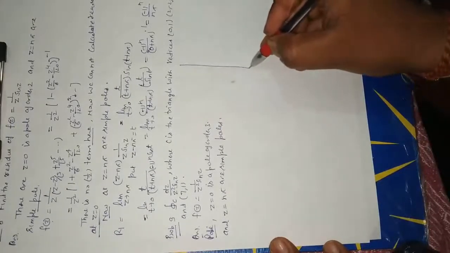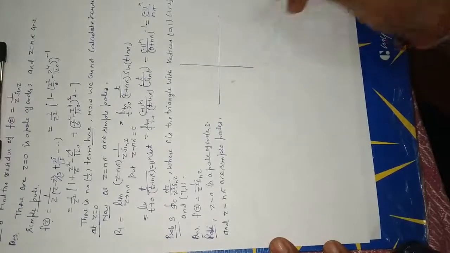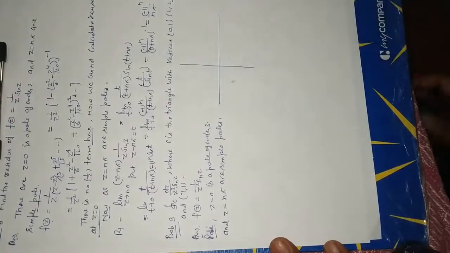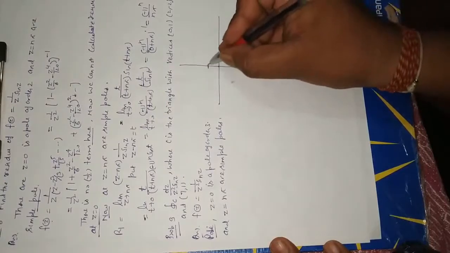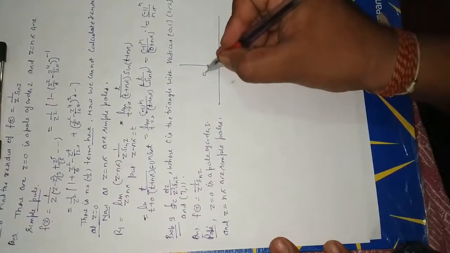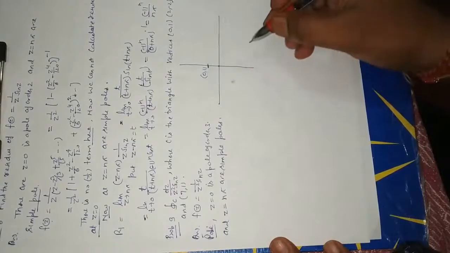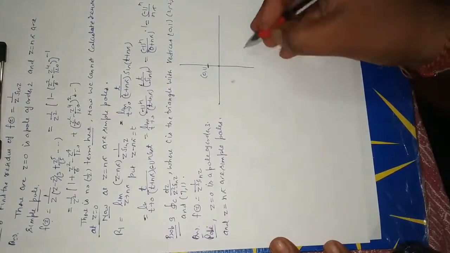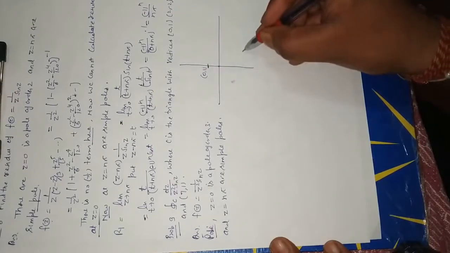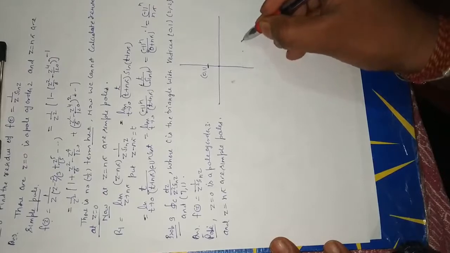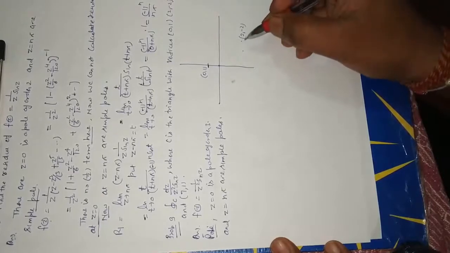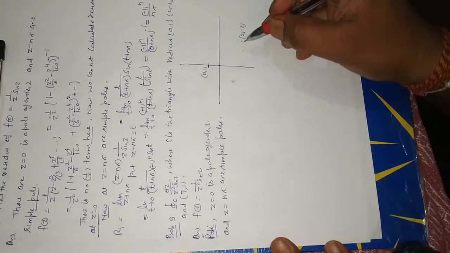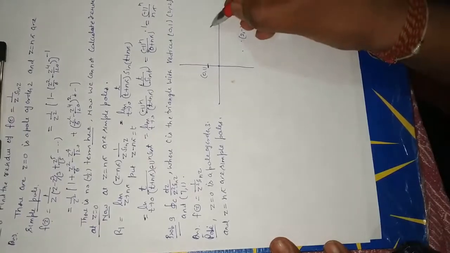First we draw the triangle. Here is the point 0, 1. Now 2, minus 2, and 7, 1.